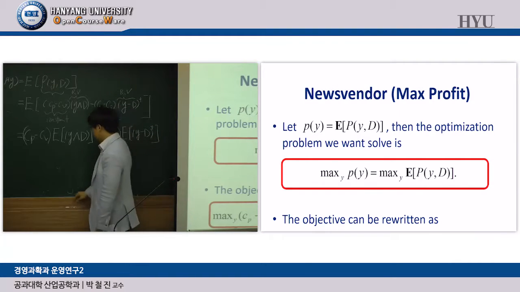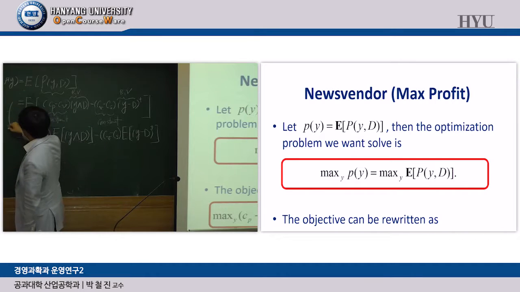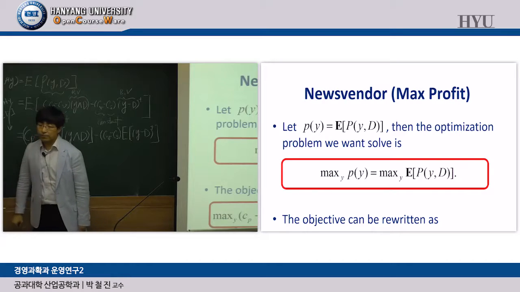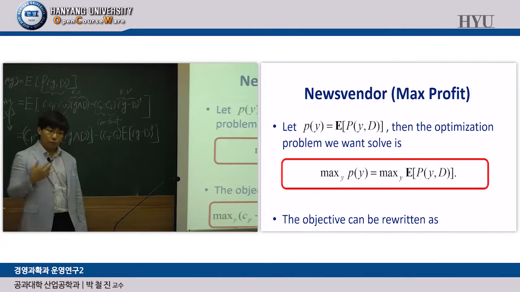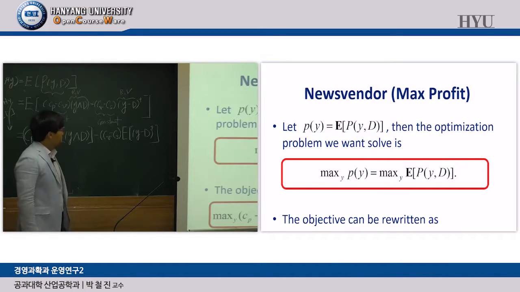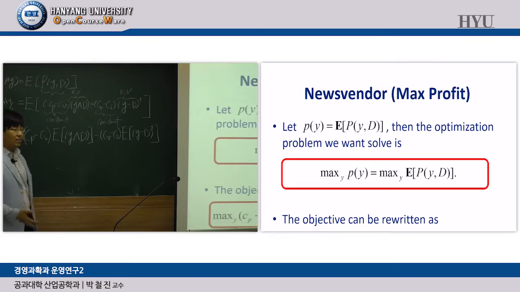Okay, so from here to here we used linearity of expectation. Every time you rewrite the equation, you need to be careful why this is true.